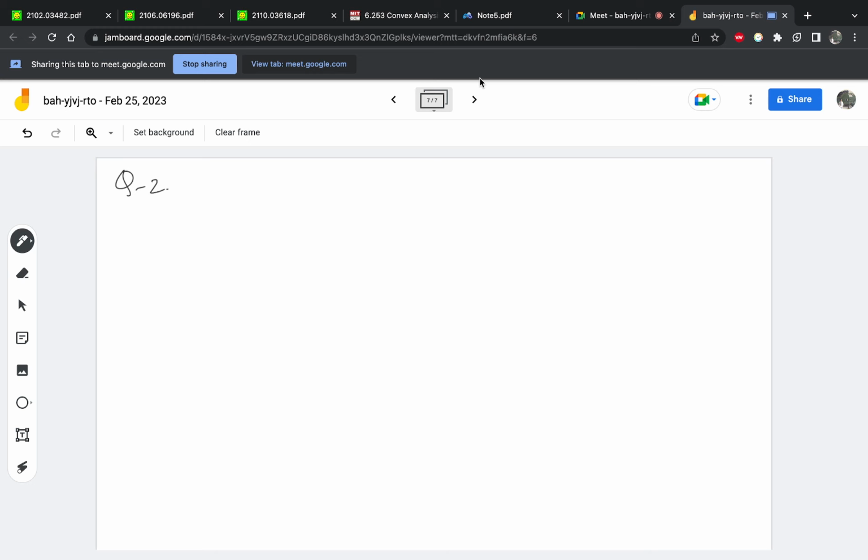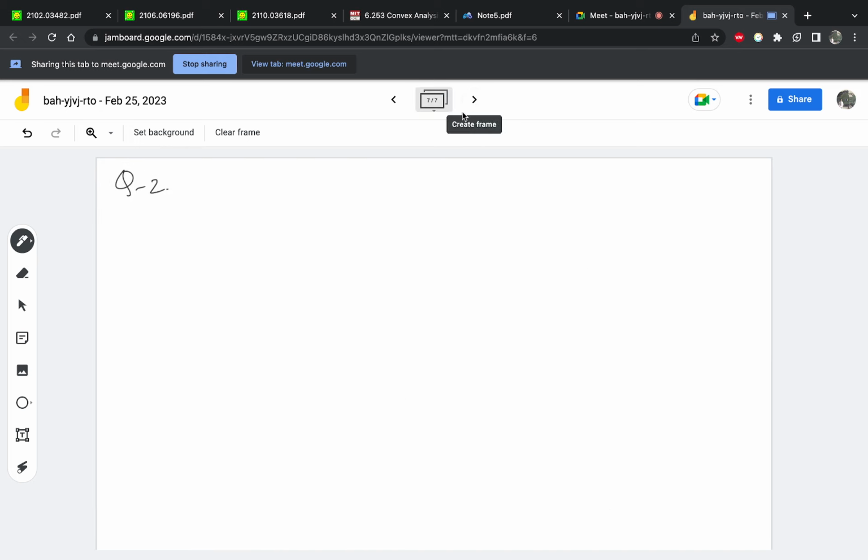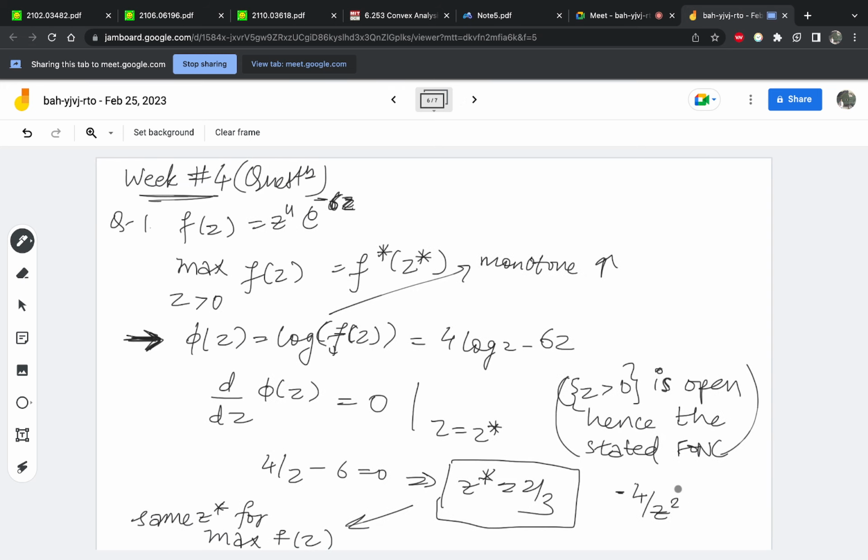But here we are getting a strictly non-zero value, so it's fine. So this is the second derivative of phi(z) by dz, this is less than 0, so it's fine.